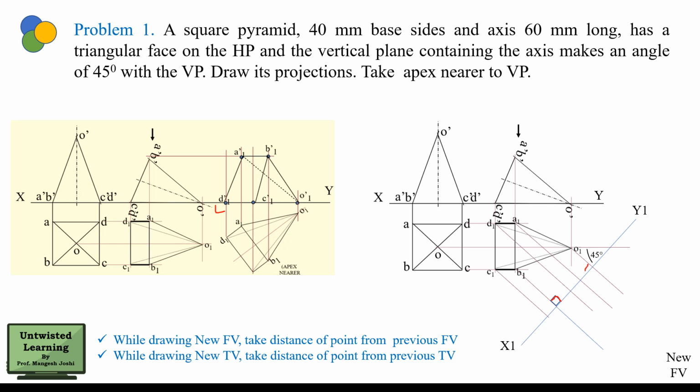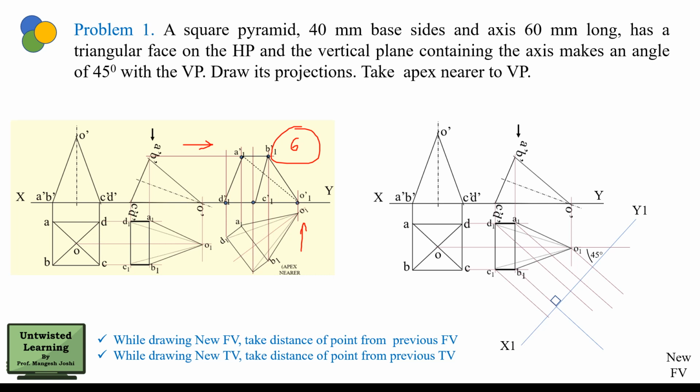So all these projections must be at 90 degrees to X1 Y1. The diagram which will appear over here will be the new front view or final front view. Okay, so this projection transfer is done, but to obtain the sixth diagram you need this as well as transferring locuses.